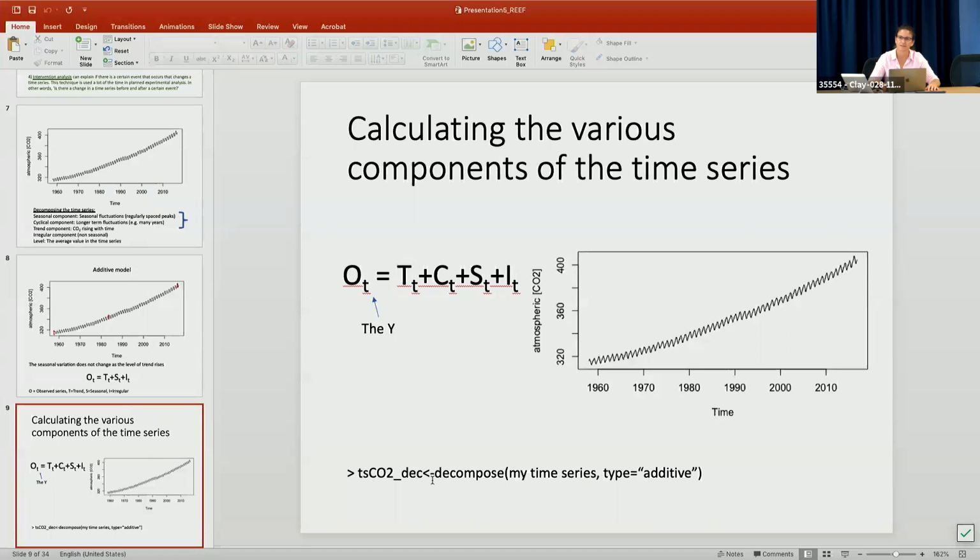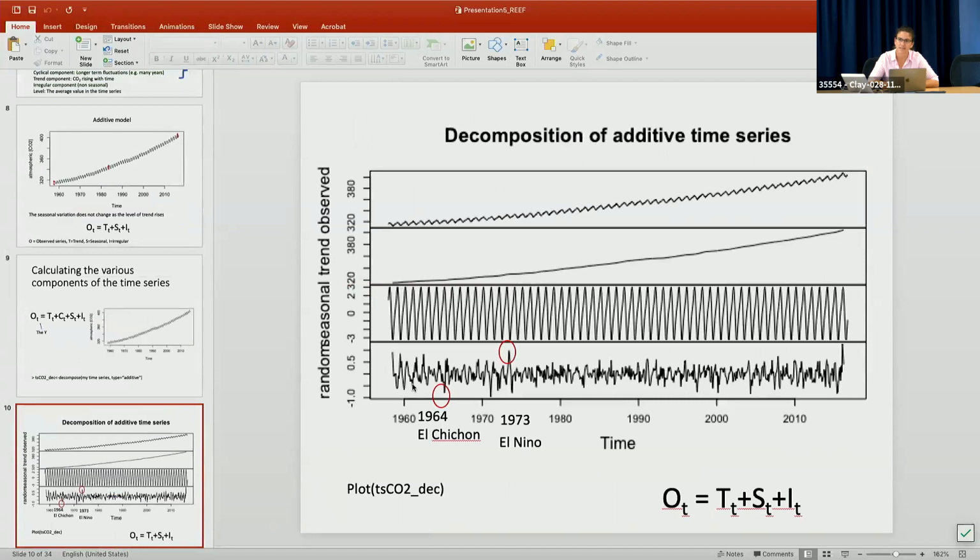So if I take my time series that I just defined previously, and I, in R, decompose it, and it's a type of additive model, what the program is going to do is give me the trend, the cyclical, and the irregular components. So I'll show you what it will spit out. Okay, if I plot my decomposed time series, here is my observed time series. There is the trend, the cleaned up trend.